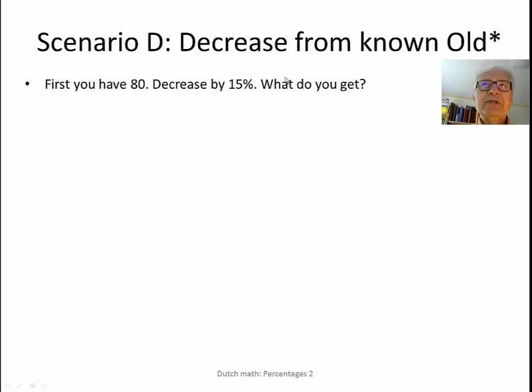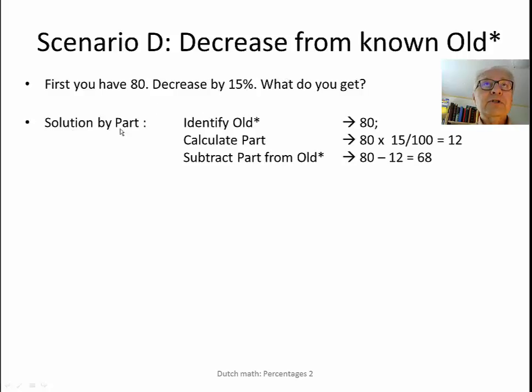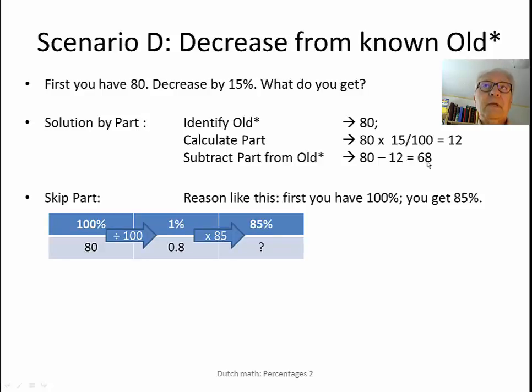Decreasing happens in a similar way. First you calculate the part, that is 15% of 80, and you subtract it now because it is a decrease. You can also do that by use of proportionality tables, and then you get this.